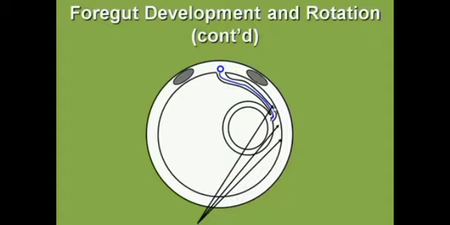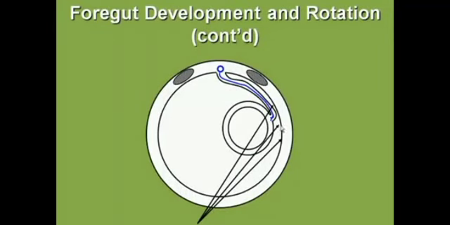Now, when that happens at the right time during development, and if those surfaces remain in contact for the right length of time during development, what will happen is the epithelial cells that are in contact with one another will die. And as a result of the loss of those epithelial cells, we'll now have the connective tissue that was sort of serving as the backing for the epithelium.